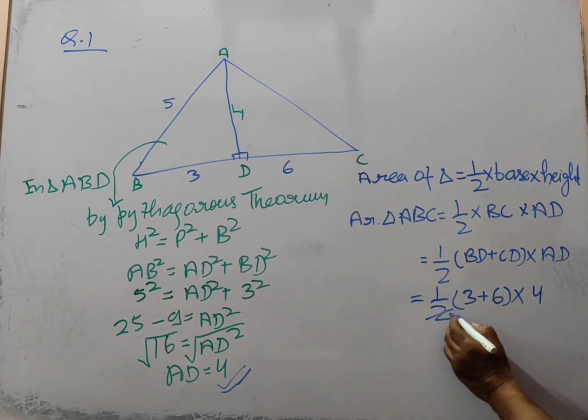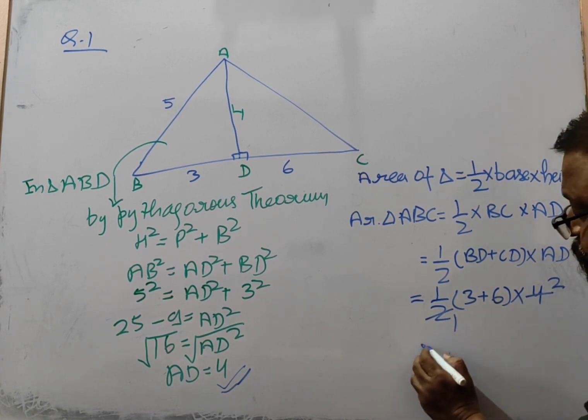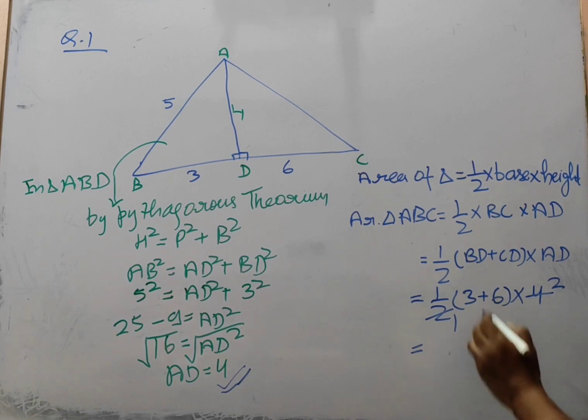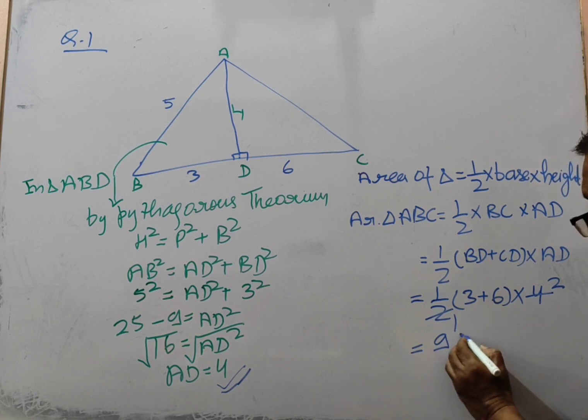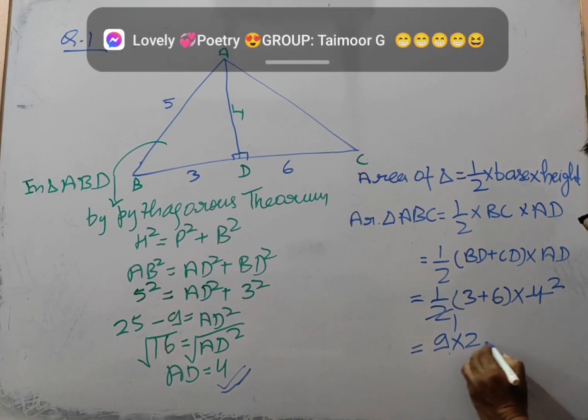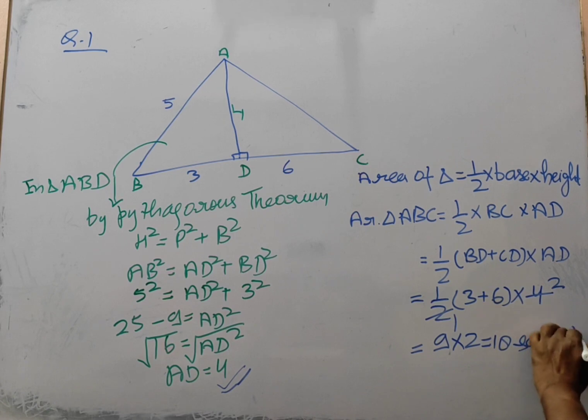So 2 times 2 is 4. So 3 plus 6 becomes 9. So 9 into 2 is equal to 18 square unit. Right?